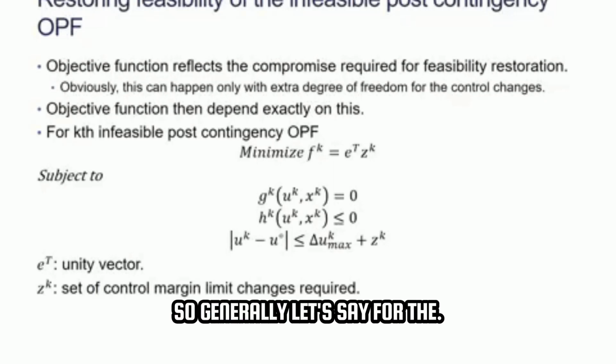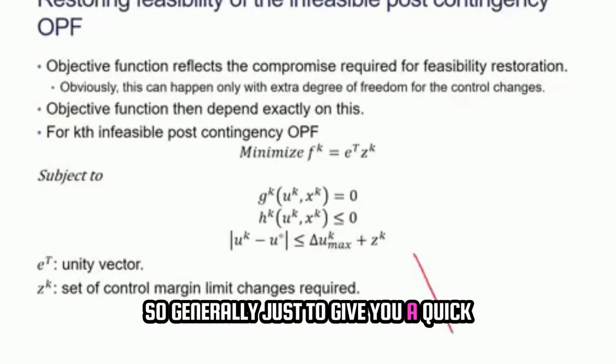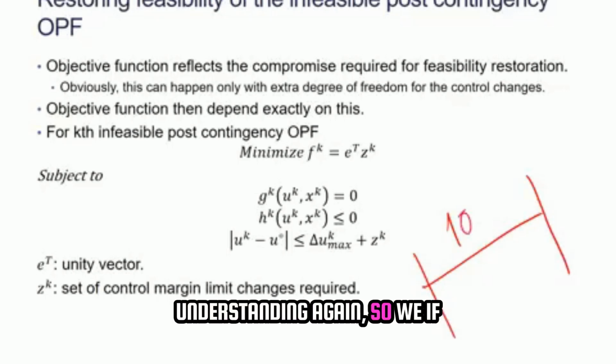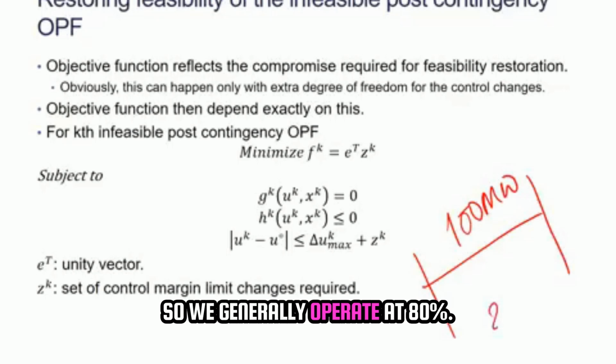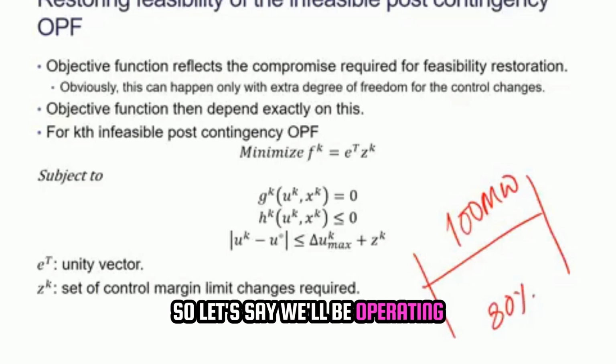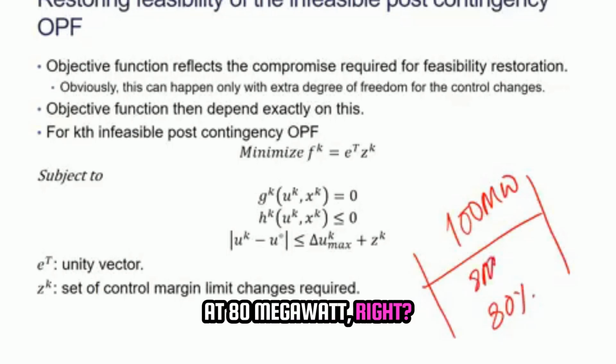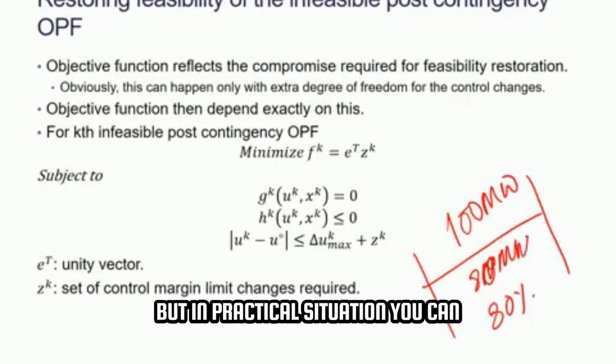So generally, if you talk about the lines, just to give you a quick understanding again, if a line is having 100 megawatt capacity, we generally operate at 80%. So let's say we'll be operating at 80 megawatt, right? But in practical situation, you can actually go till 90 or 95 even.